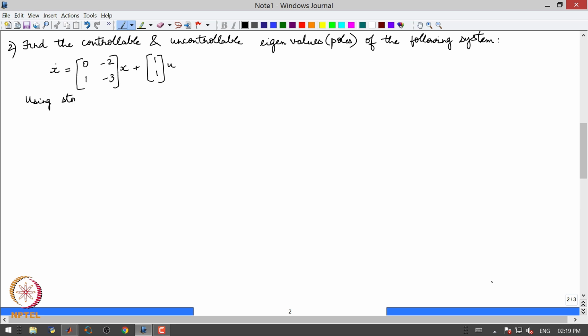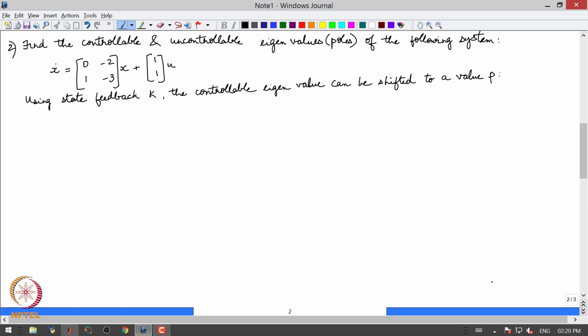using state feedback K, the controllable eigenvalue can be shifted to a location or to a value p, and we are asked to find a formula for p in terms of k1 and k2.